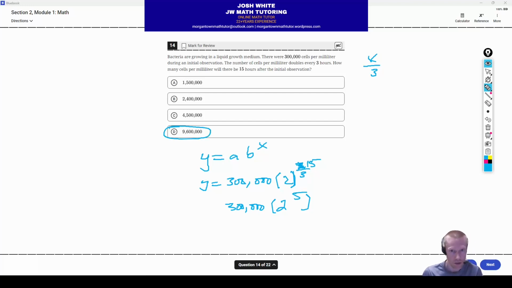The correct answer is going to be D. But what you have to recognize is that 15 hours, when it's doubling every 3 hours, is going to be 5 doubles of the value. In other words, it's 300,000 multiplied by 2, 5 times. So even if you don't construct the equation, on your calculator, whether you're using Desmos or whatever, it's 300,000 times 2 times 2 times 2 times 2 times 2.